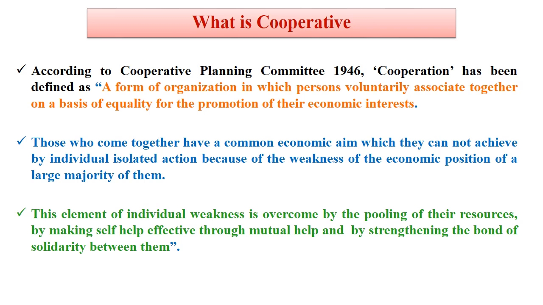So in this case, one individual alone cannot achieve that economic goal, so they can join together and then they can benefit. This element of individual weakness is overcome by the pooling of their resources, making self-help effective through mutual help and by strengthening the bond of solidarity between them.